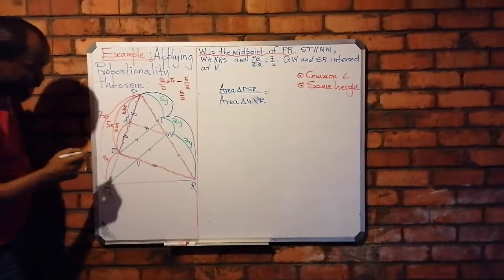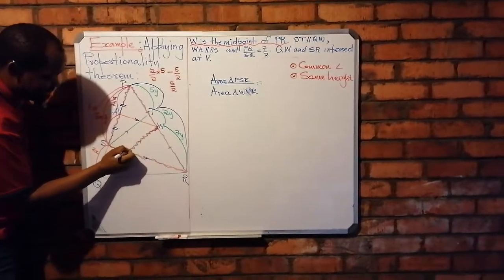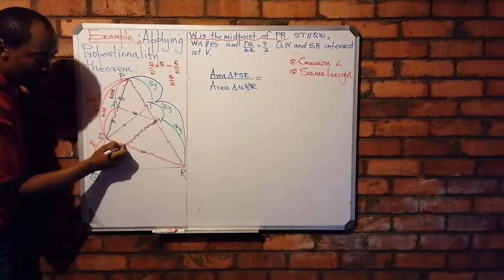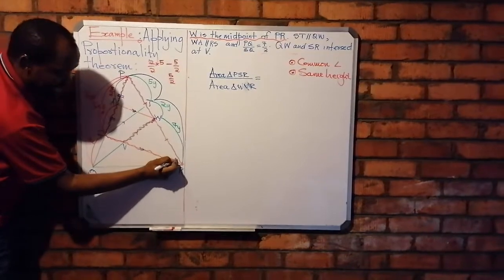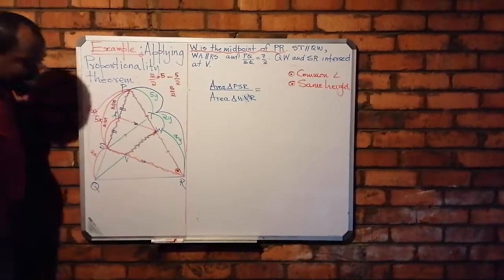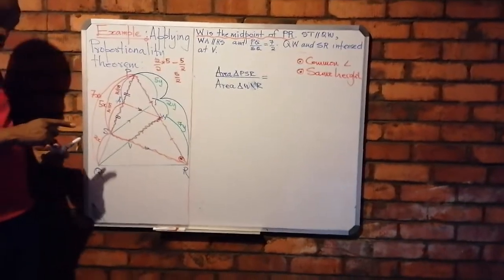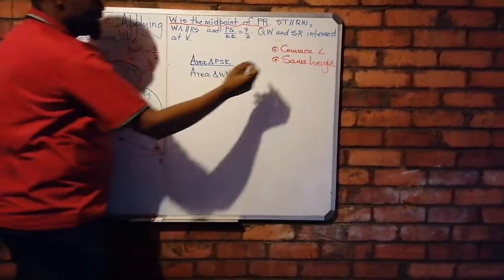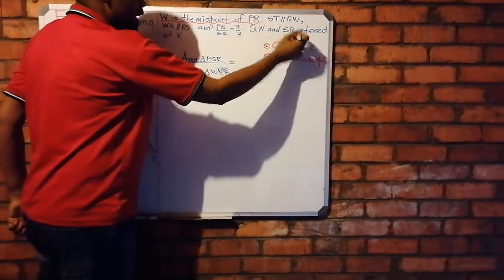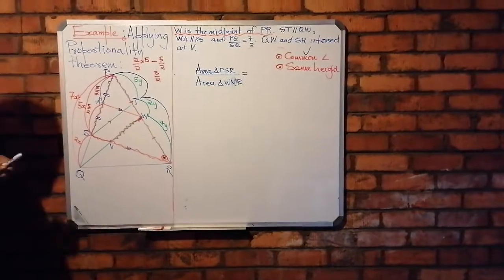Now, I want W, V. Where must I go? There and there. Can you see that? Voila! Angle R is in both triangles. It means that in this case I'm saying, thank you, Jesus. Now, I answered the question.